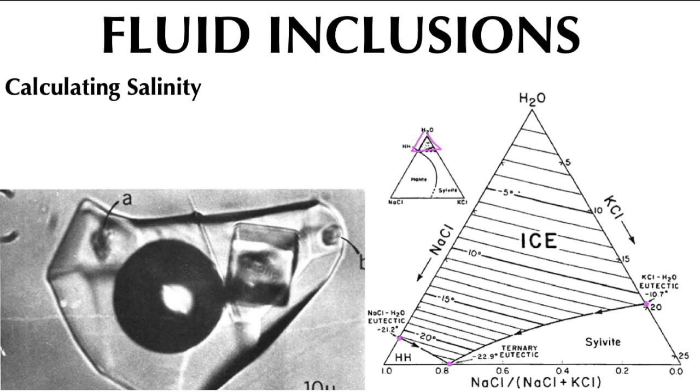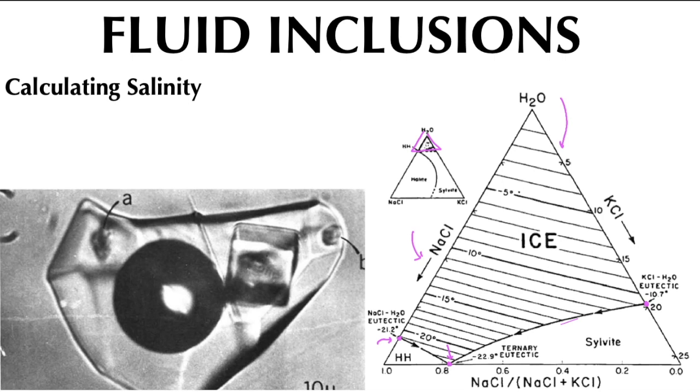This line H2O KCl line is a binary eutectic between H2O and KCl. This point here is a binary eutectic between H2O and NaCl, and this is the ternary eutectic for the system that contains both NaCl, KCl and water. Now I'll do it for this binary part so that you can understand it easily.